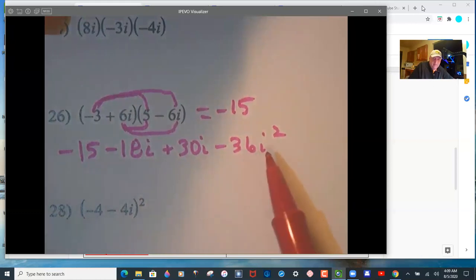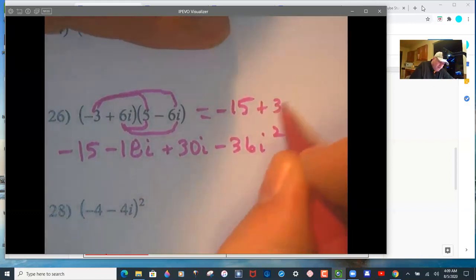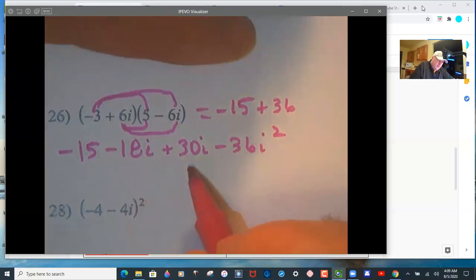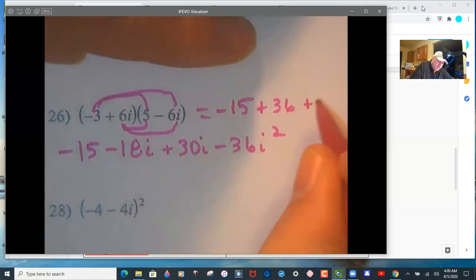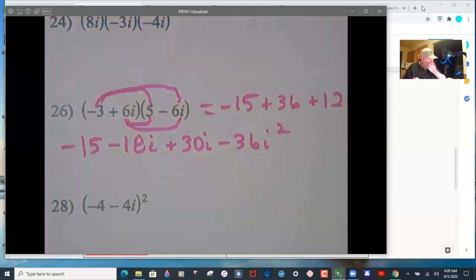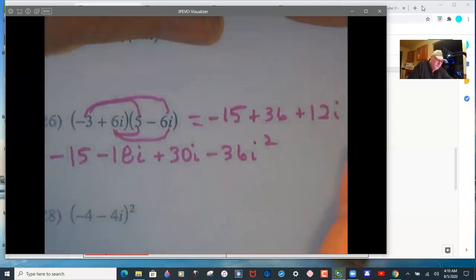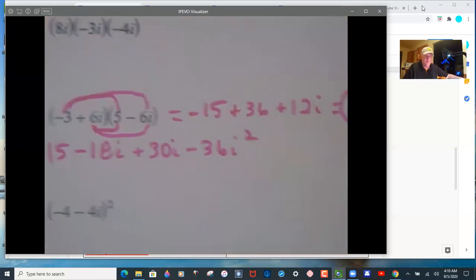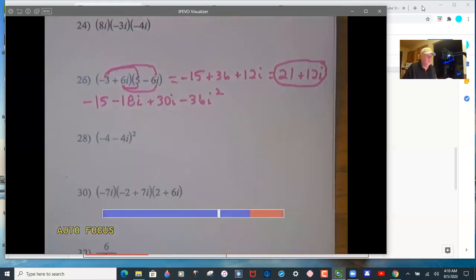So that makes that positive 36. And then this will be 12i when you add the i's together. And now you've got to do negative 15 plus 36, which is 21 plus 12i. Now here's the nice thing. Let me zoom out a little bit. You can actually check this on a calculator.